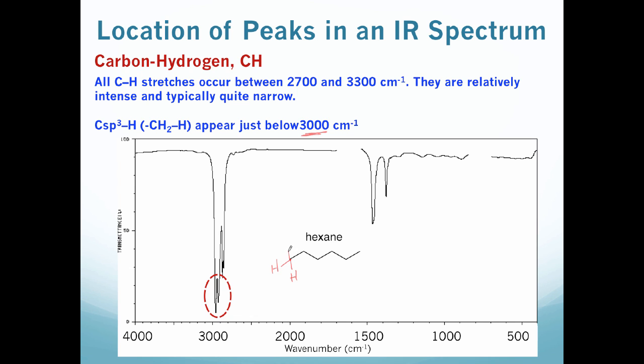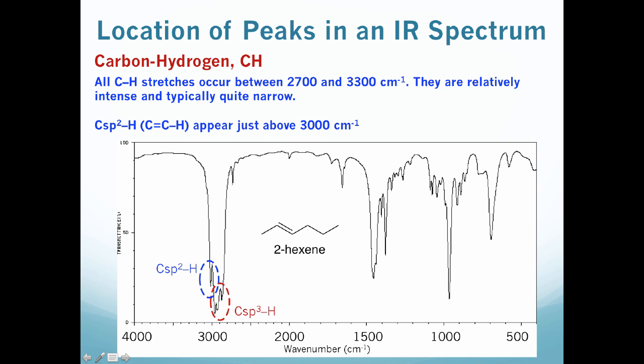Methyl, of course, has 3 hydrogens, and then these CH2 groups have 2 hydrogens. Well, these sp3 hybridized carbons, they are going to show up just below 3,000 wave numbers, and that's what we have right here. You can see that these stretches are intense, but they're also quite narrow, and because there's so many CHs, there's quite a few peaks in this region.